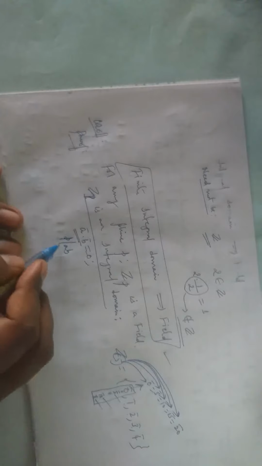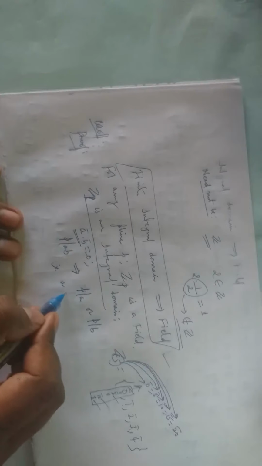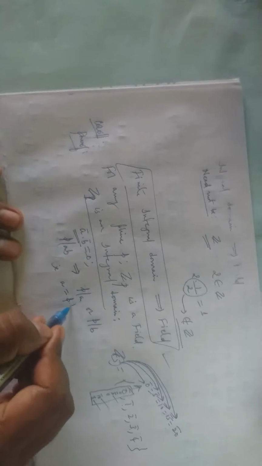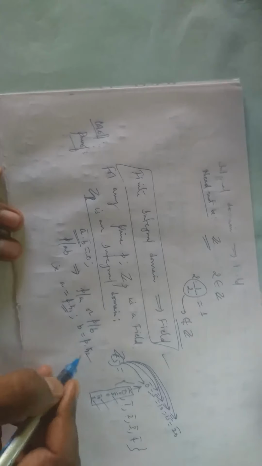Property of prime: if P divides AB, that implies P divides A or P divides B. That is, A is a multiple of P, which I write as P times K1, or B is a multiple of P, P times K2, where K1 and K2 are integers.